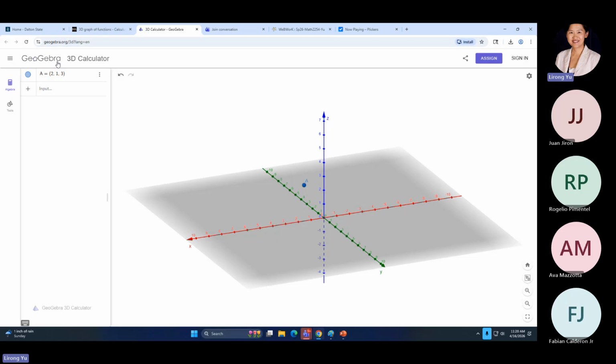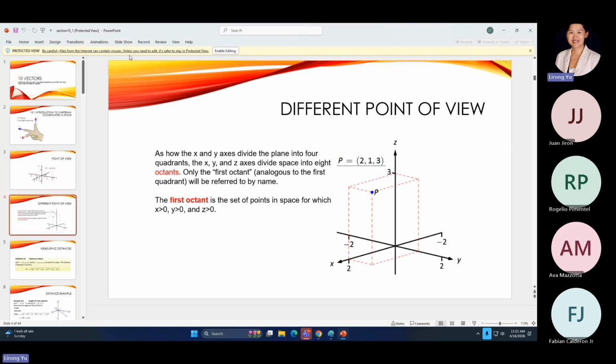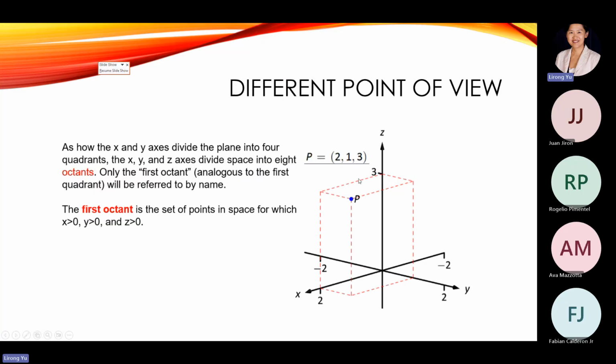This is a GeoGebra three-dimensional calculator. I was using this when I was teaching my geometry class. It was really useful. Anyway, it's good to have some assistant tools when we don't have a lot of visualization, because it's hard to understand the function or the image.